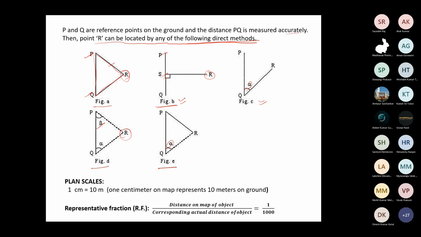So what will be the RF for that map? 0.001. Yes. So you should remember this definition. You should know the scales and what the representative fraction is. These things are required.